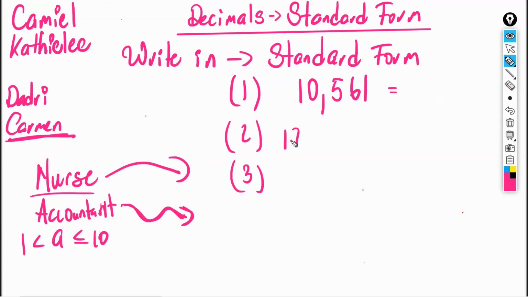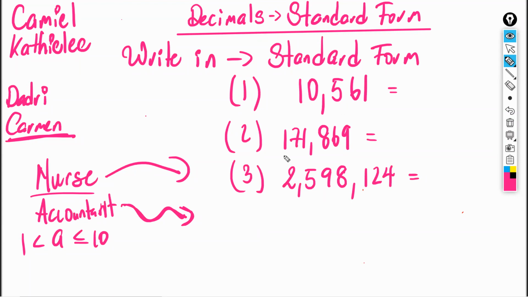Suppose we have 171,896. Write this in standard form as well. And the last one, suppose we have 2,598,124. Write this in standard form. Write the three of them in standard form, guys. Cool.